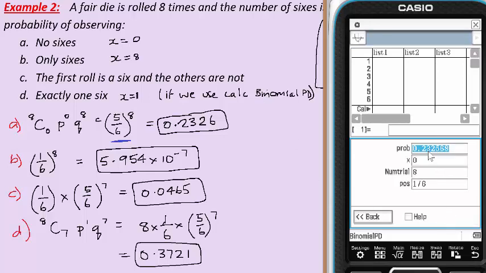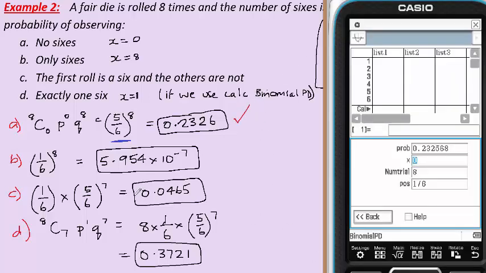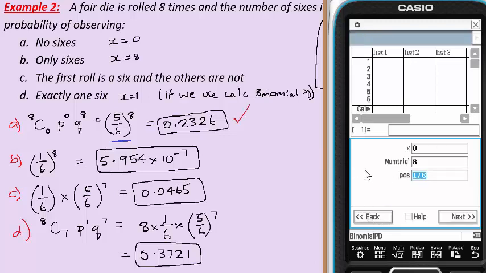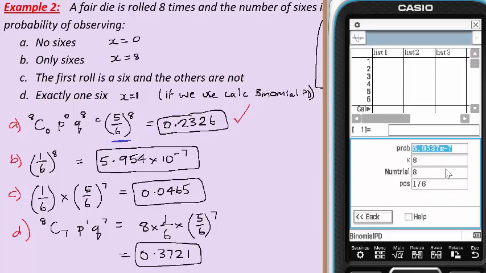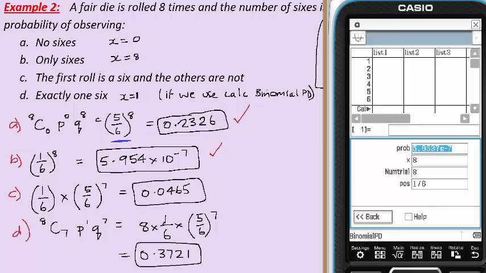And it says I'd have 0.2326, so that looks pretty good. Next question says I have 1/6 coming 8 times. It means I have 8 6s being rolled out of a possible 8, and it says I have 5.9537 times 10 to the minus 7. Same number, hallelujah.